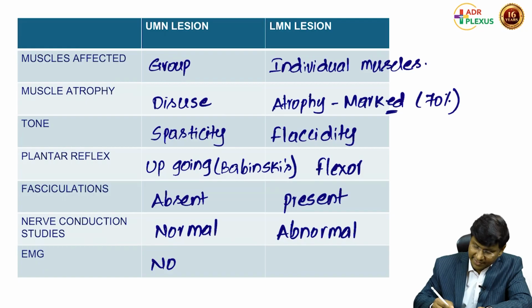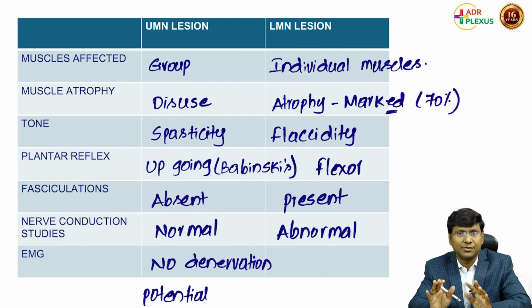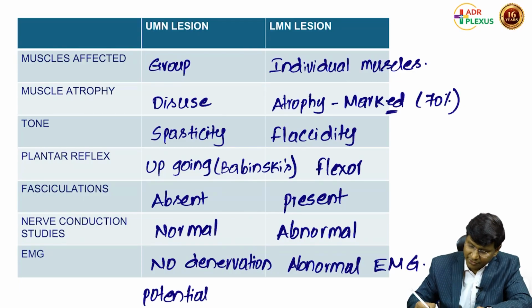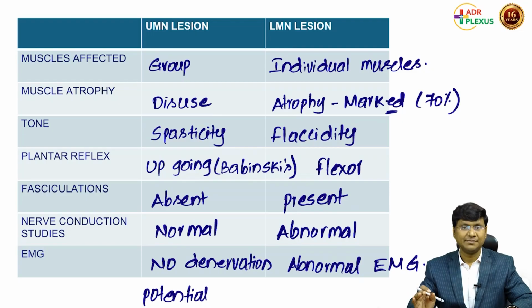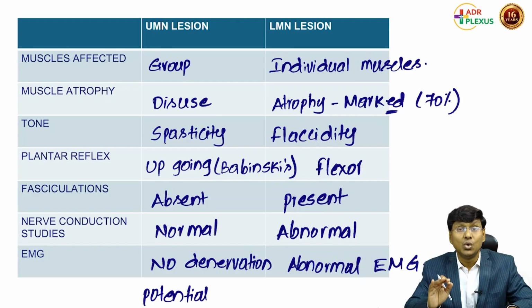In upper motor neuron lesion, there are no denervation potentials in the electromyography. Whereas in lower motor neuron lesion, there will be an abnormal electromyography response. So that is about the EMG.